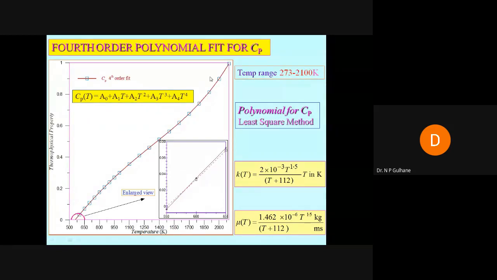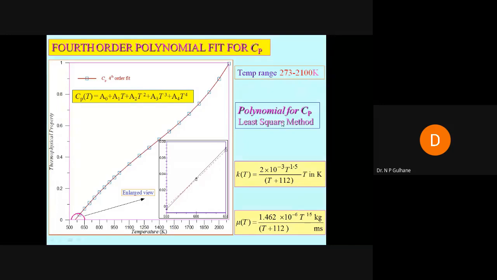This is a thermophysical property against temperature. Up to 500, we have no changes in the air property. There is no effect on Cp. But once you cross this 500 degrees centigrade, the Cp value goes on varying with respect to temperature. You can see the change in Cp. It is asymptotic with respect to temperature. If you see the enlarged view, you can see the changes.